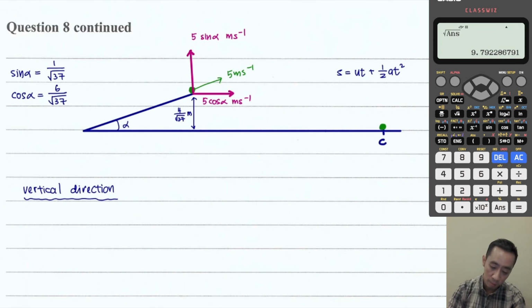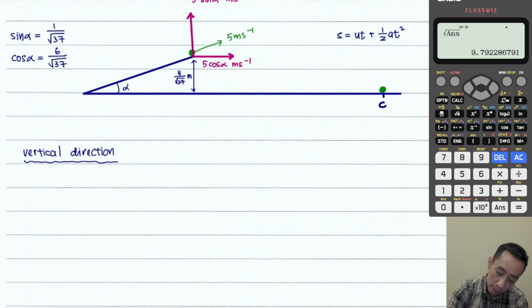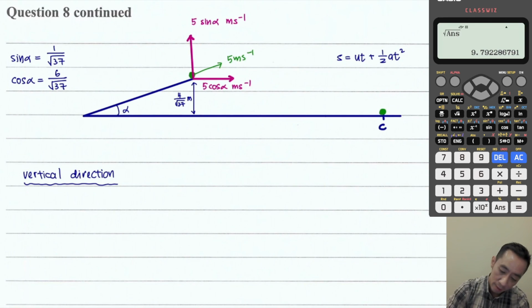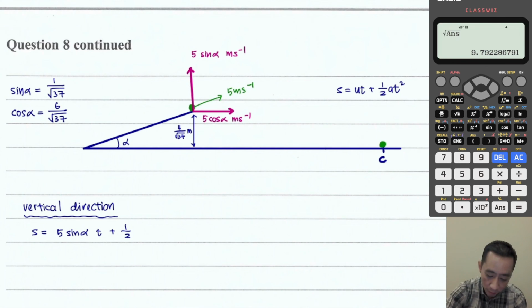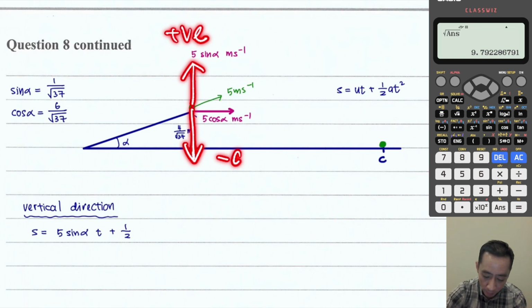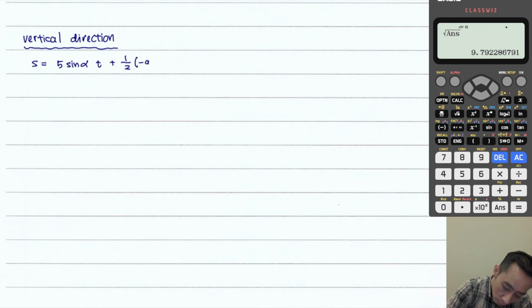For the vertical direction, the initial velocity is 5 sine alpha, so s is equal to 5 sine alpha t, plus 1 over 2. Now, if I assume that this direction is positive, then the gravity will be negative g t squared.